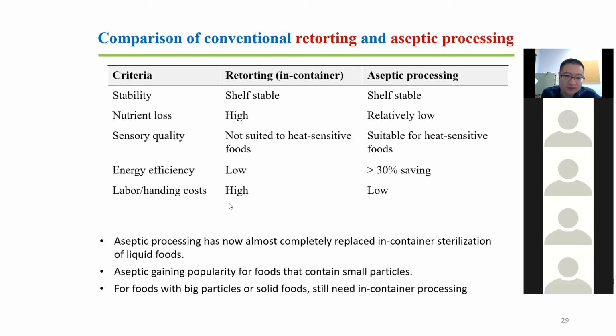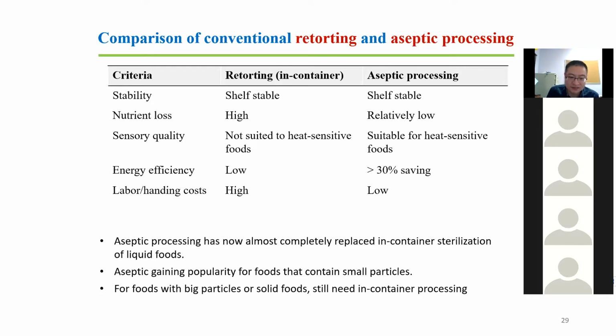And labor-wise, aseptic processing is lower, because it's more like automatic filling. You had a packaging line in the pilot plant, and I know many of you have worked there. You see the filling, packaging, and sealing, everything is automatic, right? But conventional retort requires much more labor.